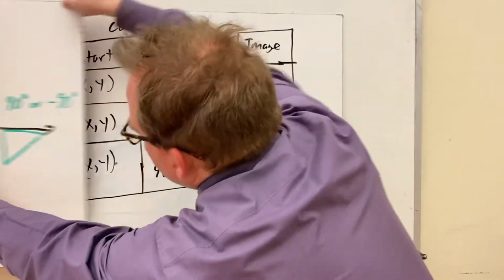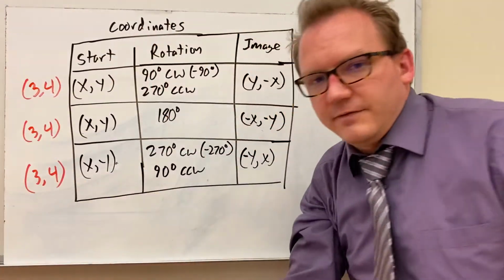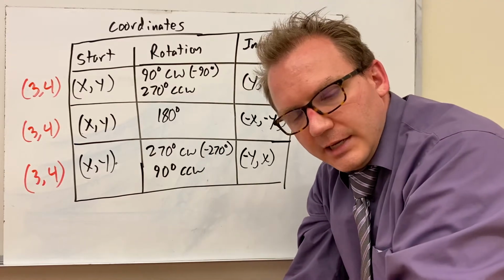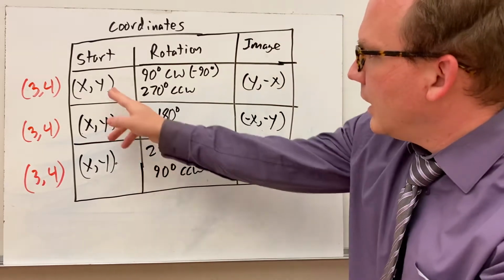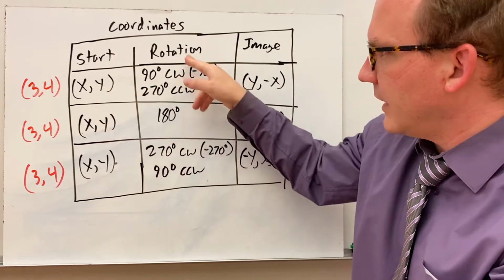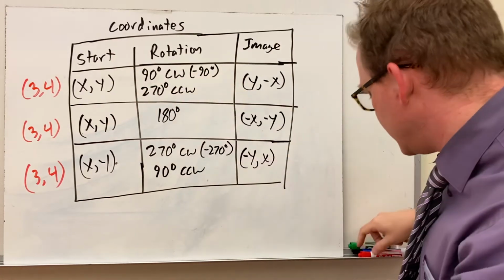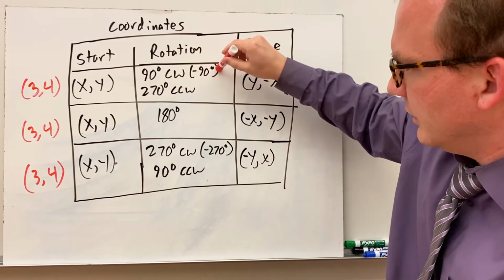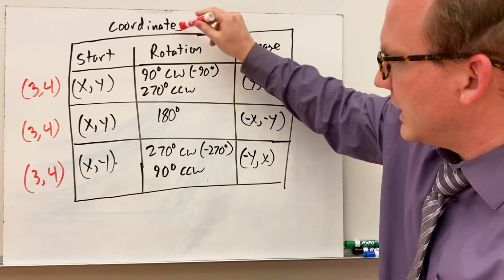Now say you have ordered pairs and you want to figure out your coordinates. Well, I have this table. I put this for you in your study guide as a reference tool. So you say your initial point is x, y. If I rotate it 90 degrees clockwise, or negative 90, so I start up here and I go down like here, or that would be a 270 degrees counterclockwise.